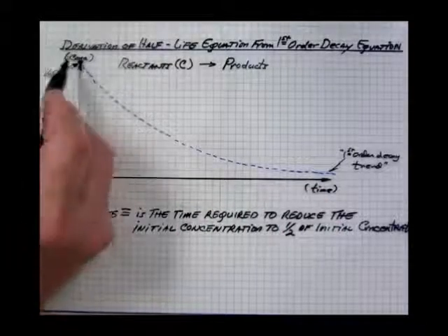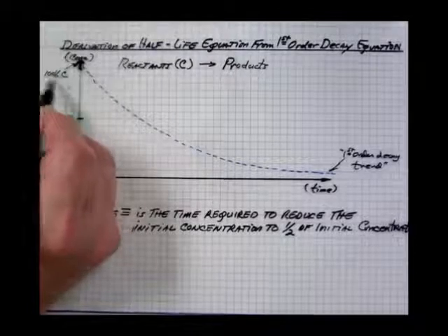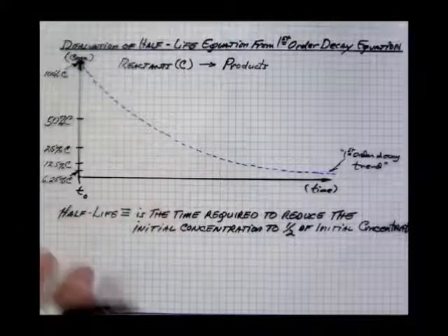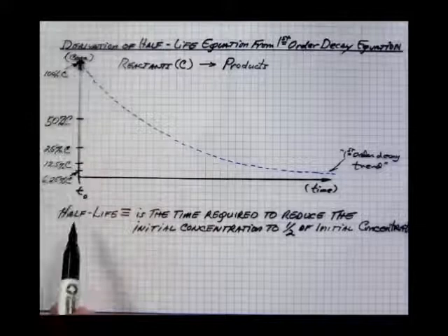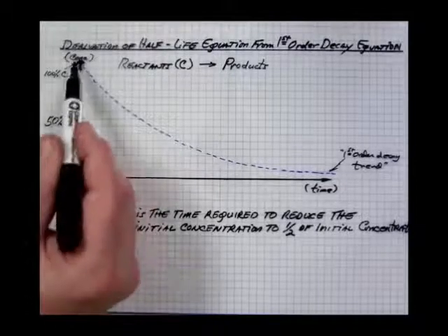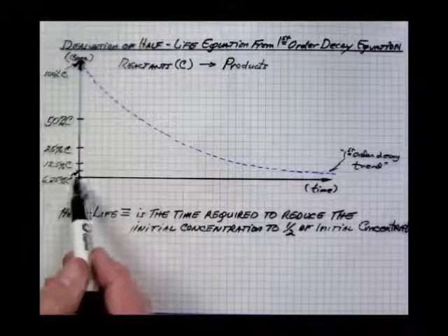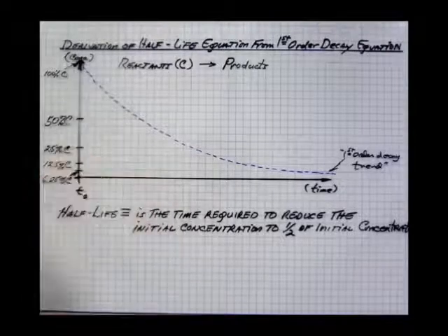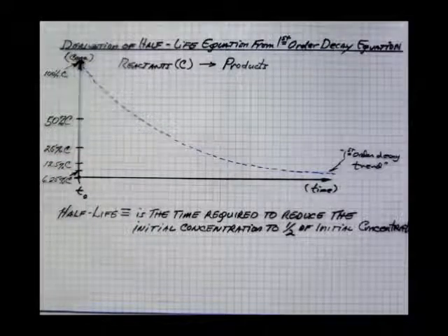Now, if this point represents on the y-axis 100% of the substance of interest, C, at time equals 0, then halfway between 100 and the 0 concentration point is 50%.